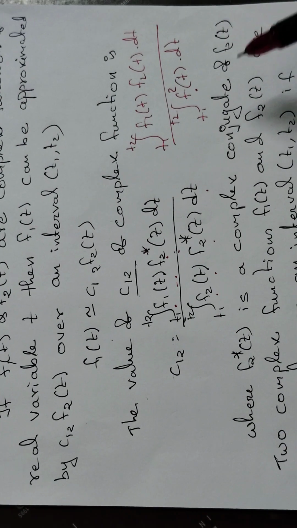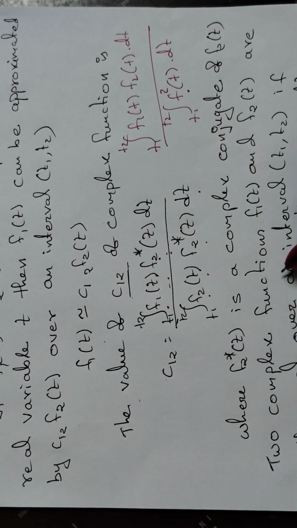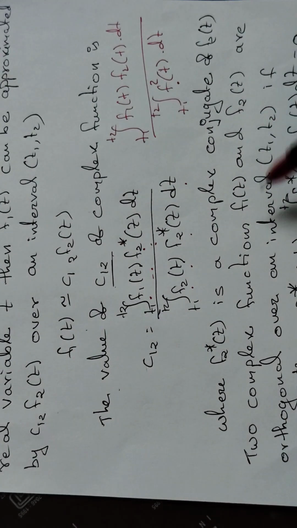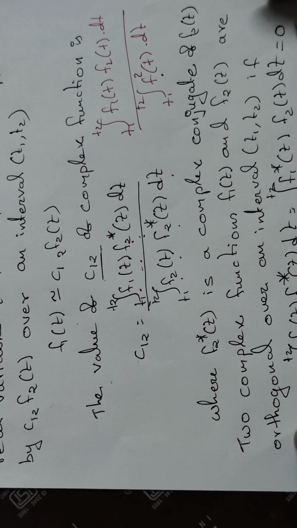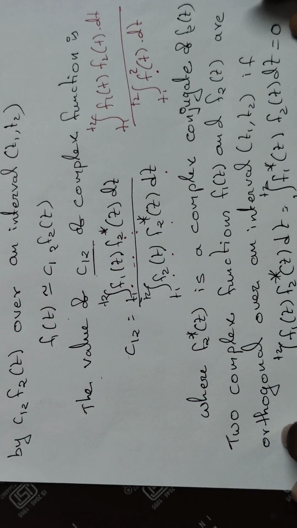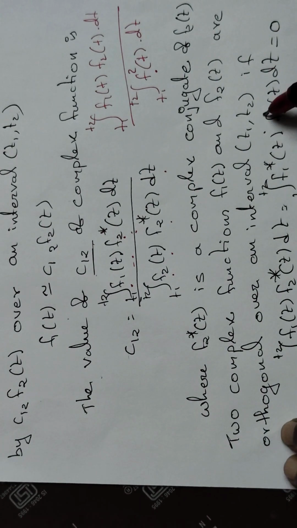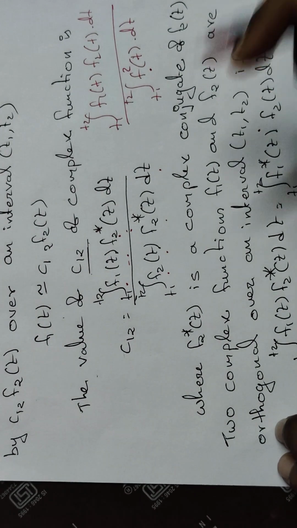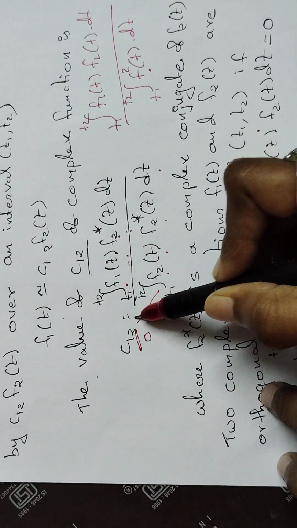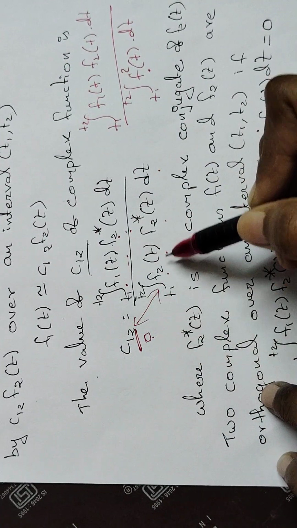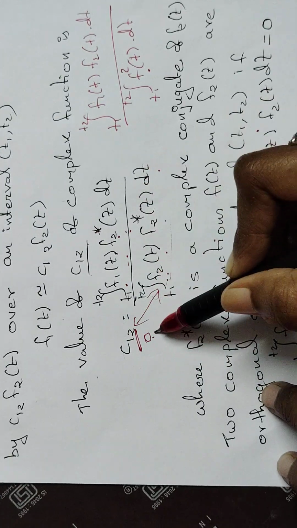So for example, the two complex functions f1 of t and f2 of t are orthogonal over an interval t1 to t2 if this component value is 0. If you multiply it with the whole term, 0 into this whole term is 0.